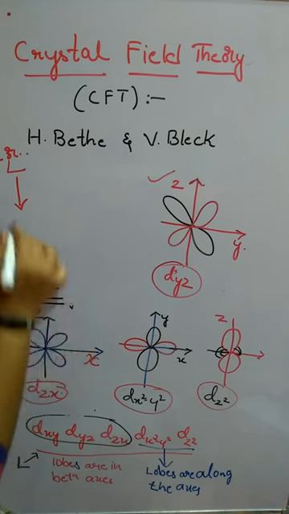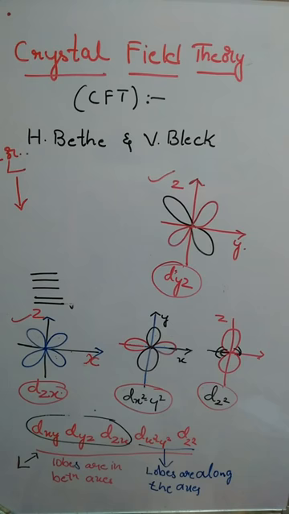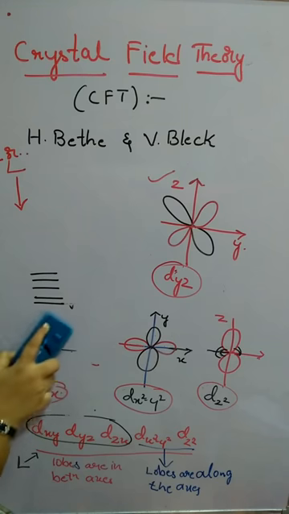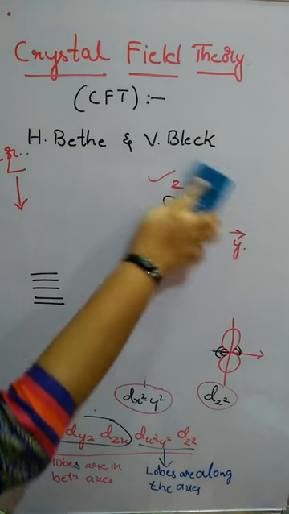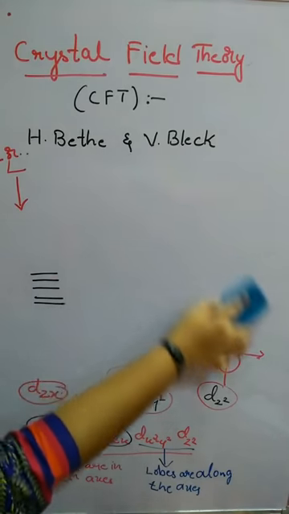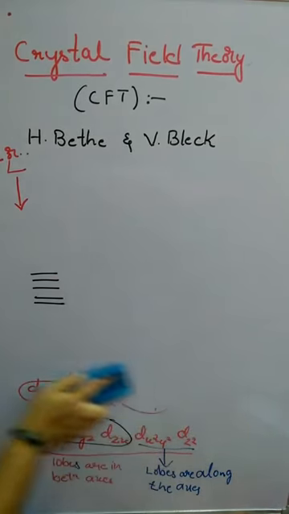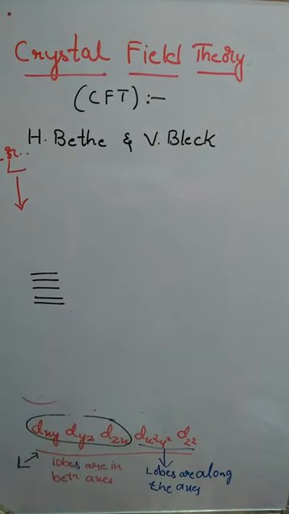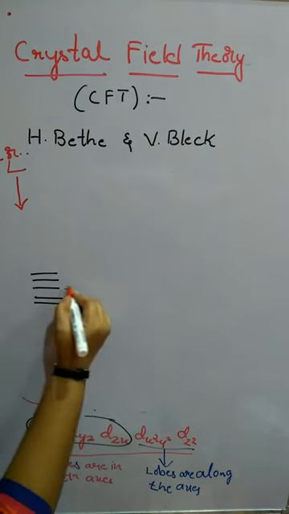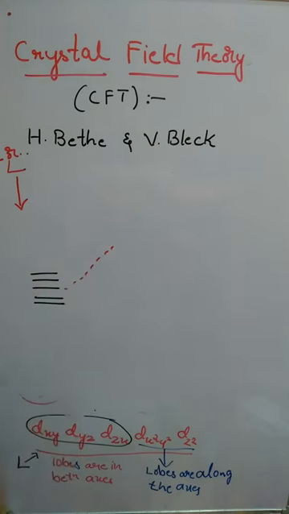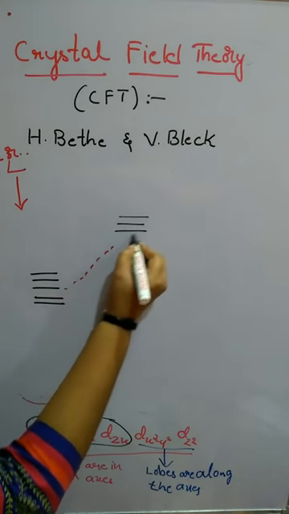When it is approaching, there will be repulsion between them. Because of this repulsion, the energy is going to increase. But the energy of all the orbitals will increase in the same manner.